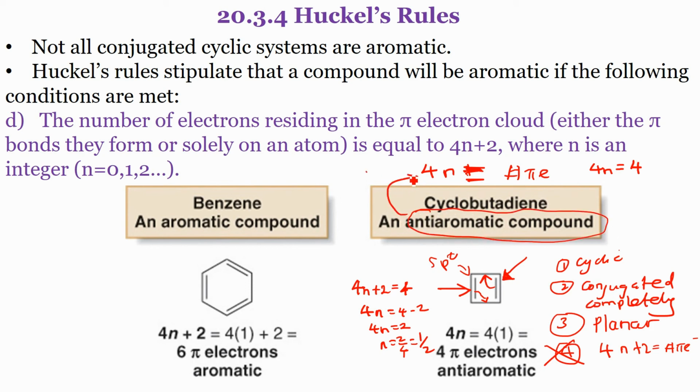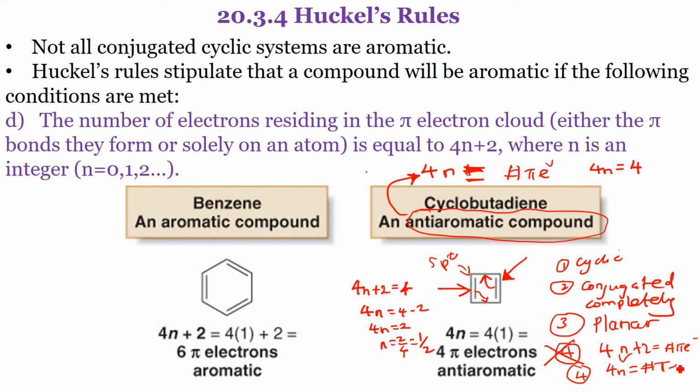So anti-aromatic compounds will pass rule number 1, rule number 2, rule number 3, but fail rule number 4, which is 4n plus 2, and instead pass 4n equals the number of pi electrons.